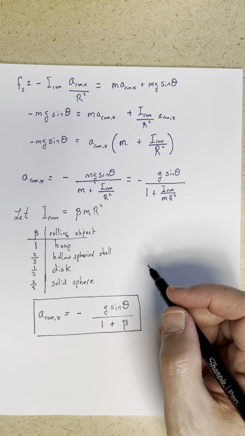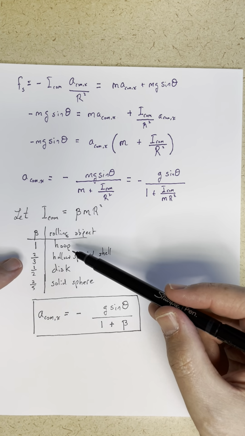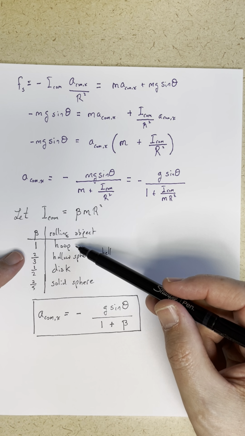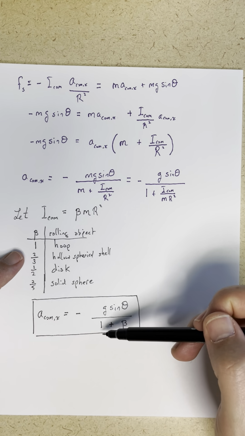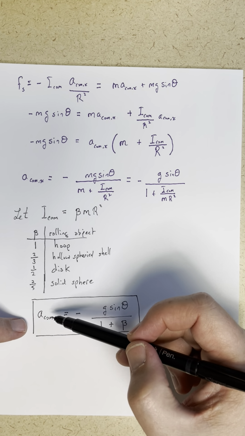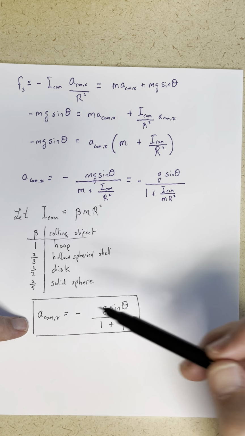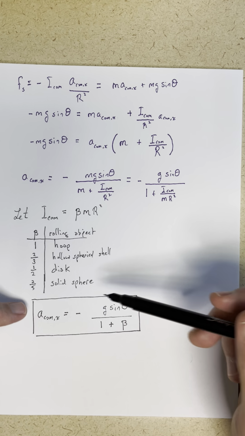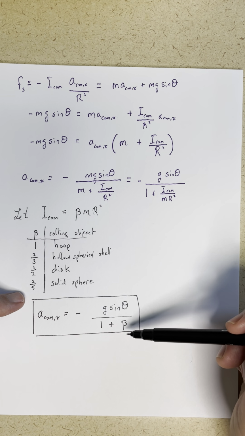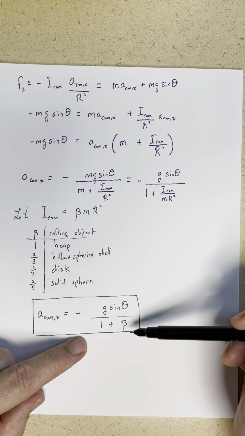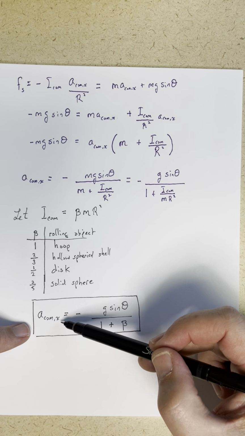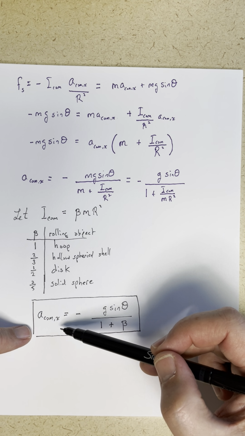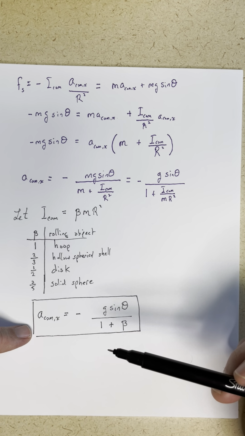So the closer beta is to 1, I'm making this denominator larger, which means I'm making the linear acceleration smaller. The smaller I can make beta, I'm making this denominator overall smaller, which will result in a larger linear acceleration of the center of mass as this object rolls down the inclined plane.